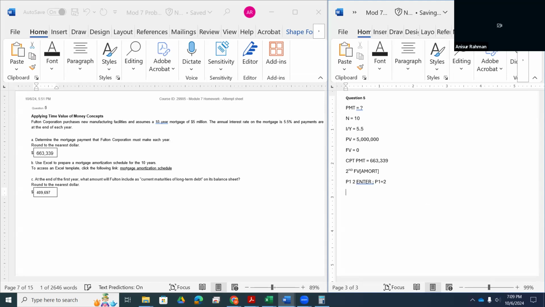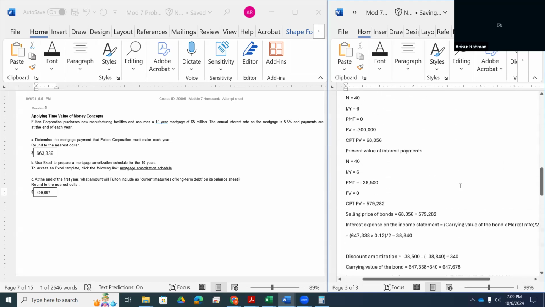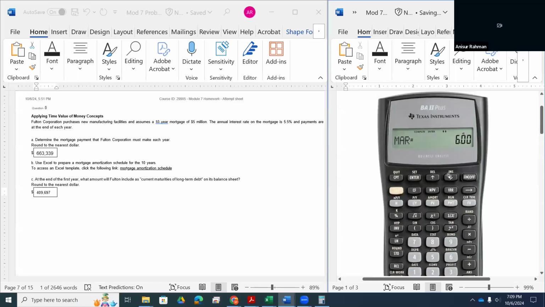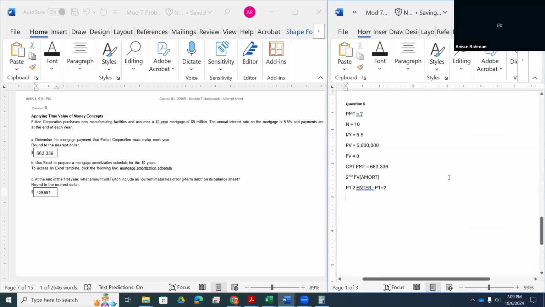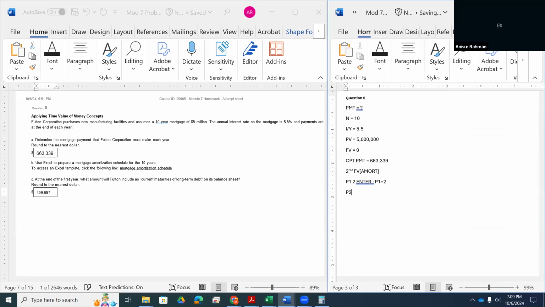And then I'll press the down arrow key, this key. This is the down arrow, this is the up arrow. You should see P2. So for P2 also enter number 2 and then press the enter key, so that the calculator display shows P2 is equal to 2.